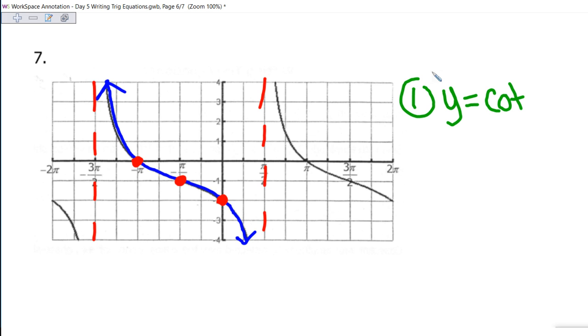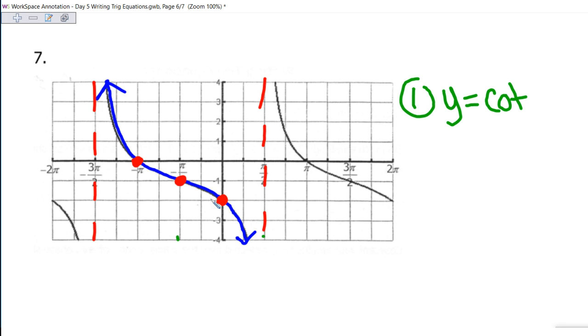Now the b value deals with the period. So if I'm talking about cotangent, what is the normal period length of the cotangent function? Pi. So in pi units, here would be pi units right here. So for this cycle, from negative pi over 2 to positive pi over 2, I should have completed 1 full cycle.